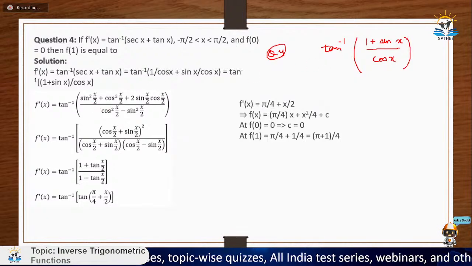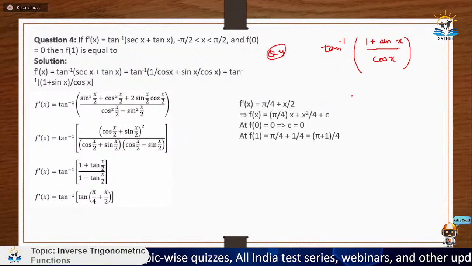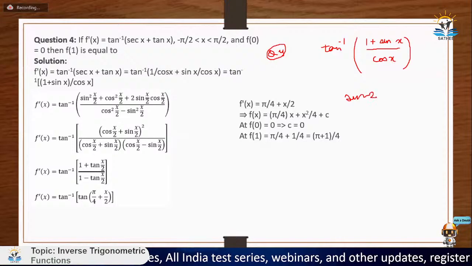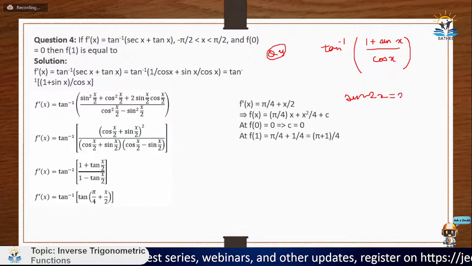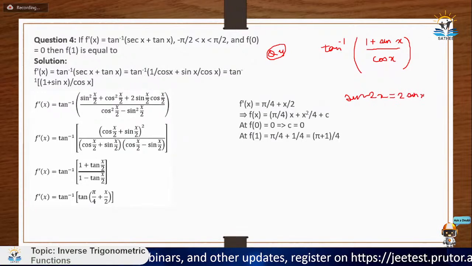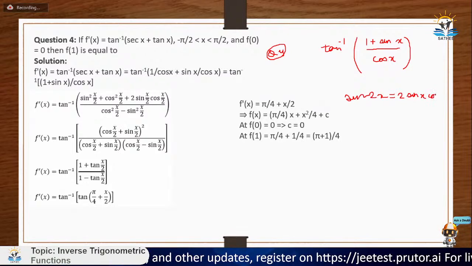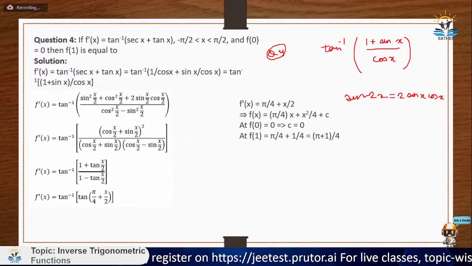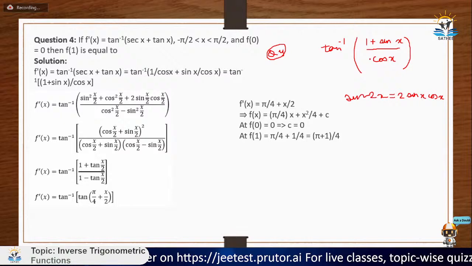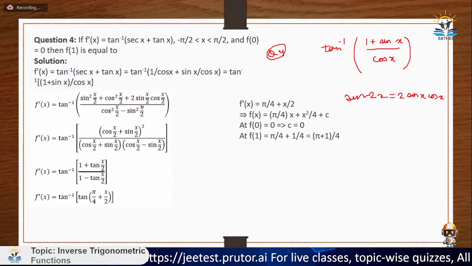And sin x will change to 2 sin x by 2 cos x by 2. We know this formula: sin 2x equals 2 sin x cos x. This formula has been used. So sin x changed to 2 sin x by 2 cos x by 2 here, and 1 is sin square x by 2 plus cos square x by 2.